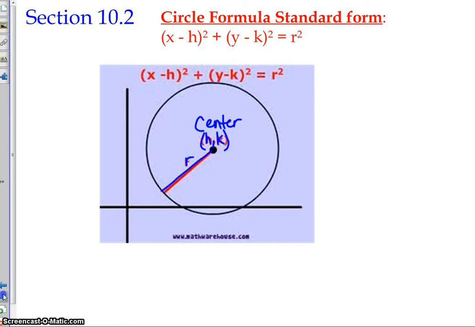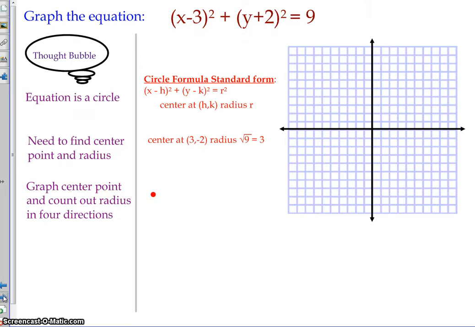So let me give you an equation and see if we can pull that out. Here we have (x minus 3) quantity squared plus (y plus 2) quantity squared equals 9. In the standard form, we know that (h, k) is our center and r is our radius. In our thought bubble, you should be thinking, oh, it looks just like a circle equation. Later on, we're going to have all the different equations and we'll have to know which is which, but right now we just have circle equations.